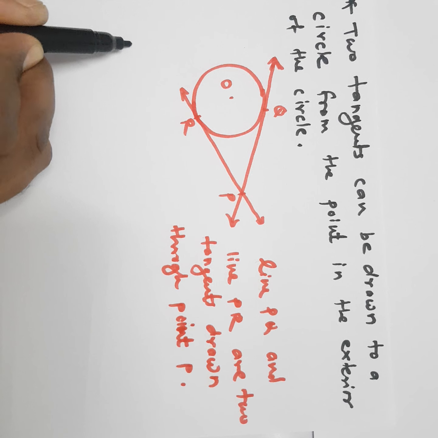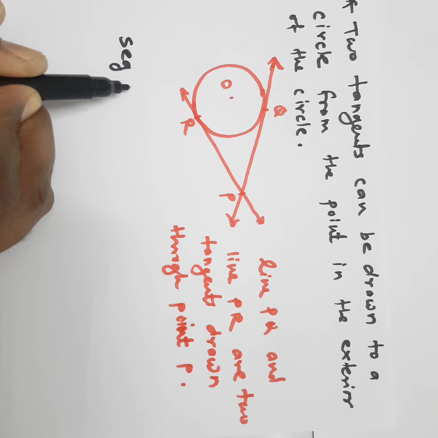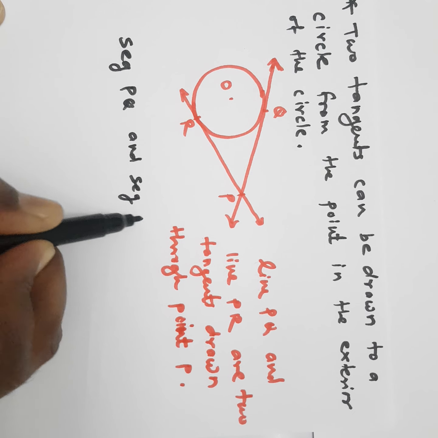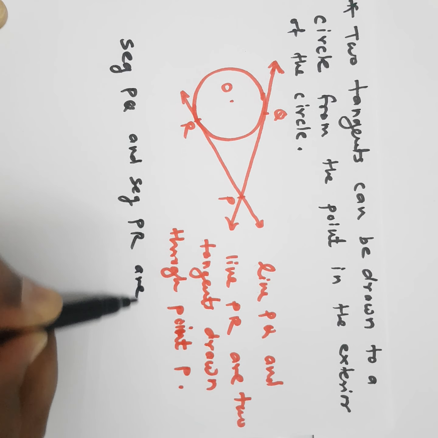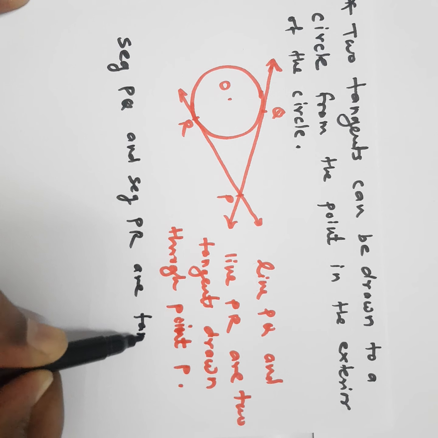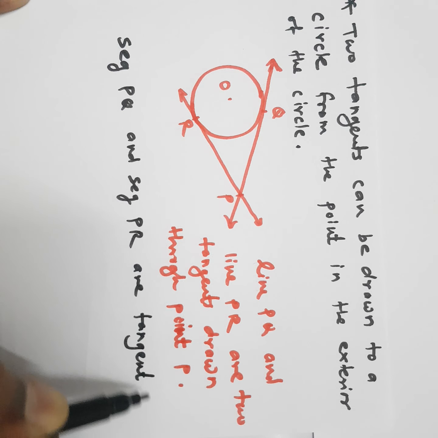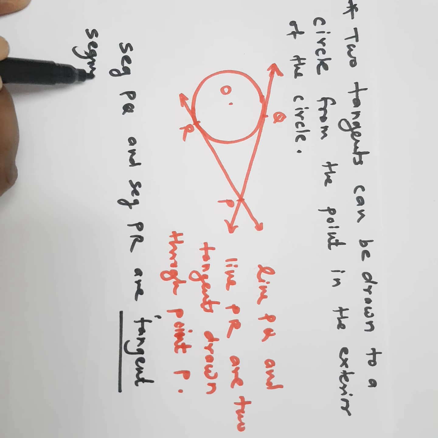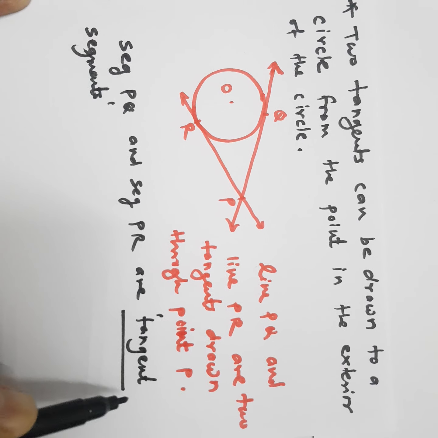Here seg PQ and seg PR are called tangent segments of a circle.